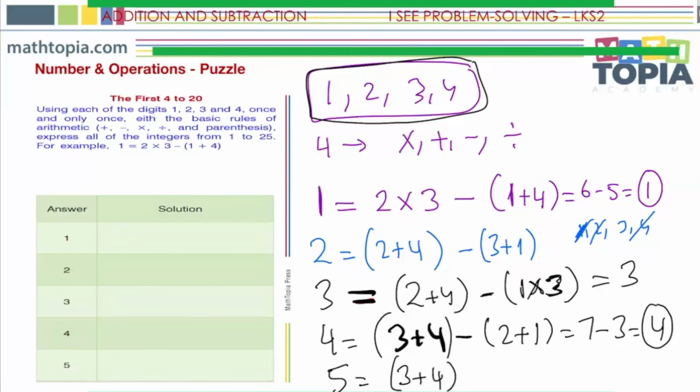What's 3 plus 4? 7. What's 1 times 2? Wait, not 1 plus 2. 1 times 2. 2. A little bit we use multiplication, but still we will continue doing this one.